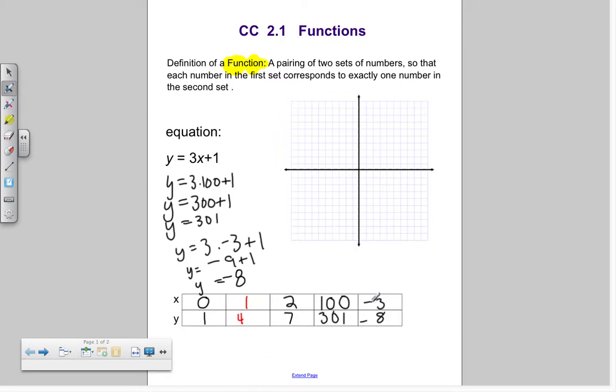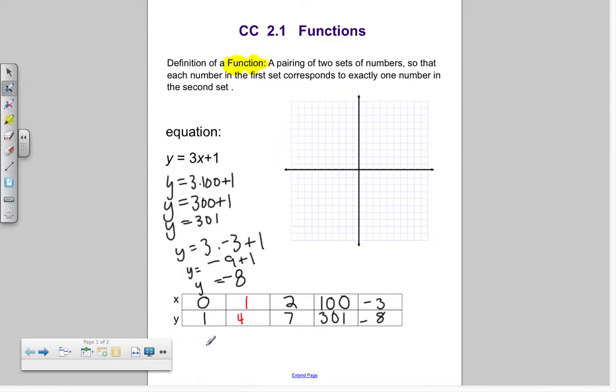I could use fractions, decimals, negatives, positives, huge numbers, or very small numbers. So there are infinite possibilities. I could also use values for y and figure out values for x. I could come up with infinite possibilities that would satisfy this equation. So that's overwhelming. I can't possibly list all of these.